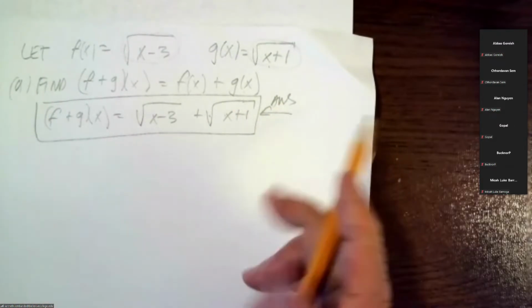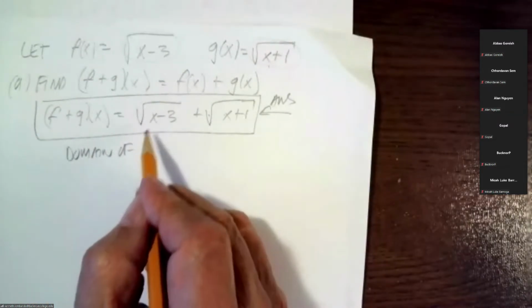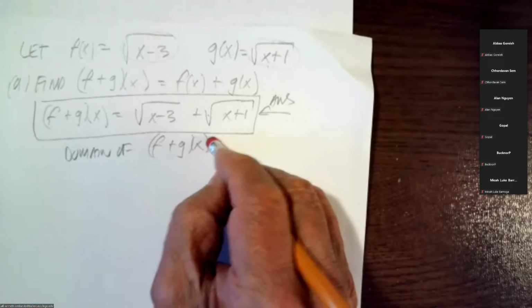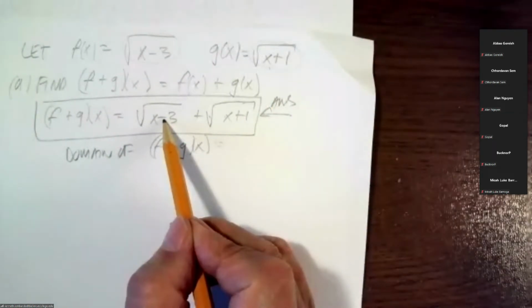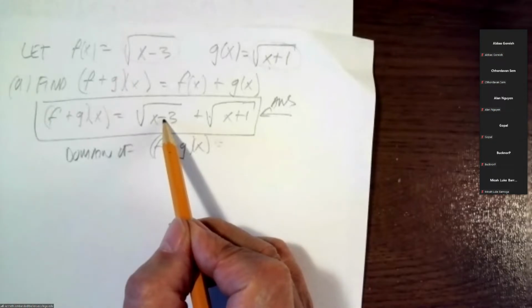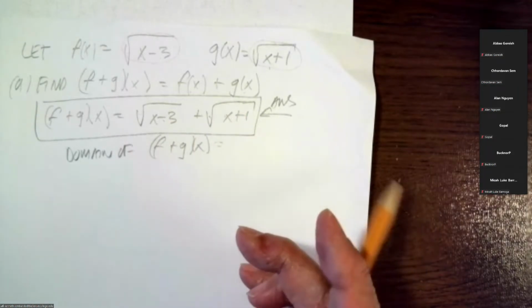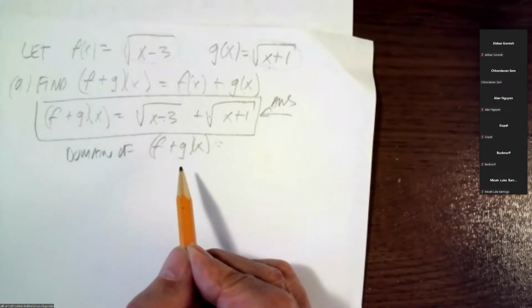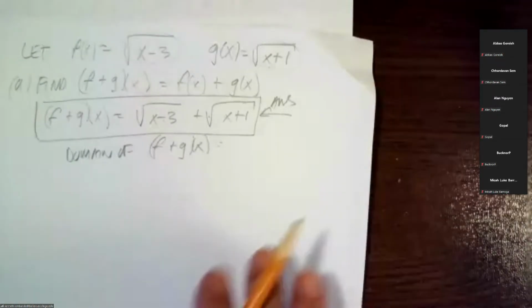Now, if I come back and ask you for the domain of f plus g evaluated at x, can we say what the domain of that is? It would be 3. And for what reason are we saying 3?